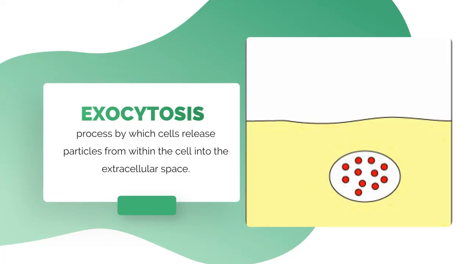And bulk or vascular transport is more on transportation of large materials, which can be categorized into two: endocytosis, the transport of materials into the cell, and exocytosis, the transport of materials to the extracellular space or outside the cell. Those are the transport mechanisms, and you can observe them in your everyday life.